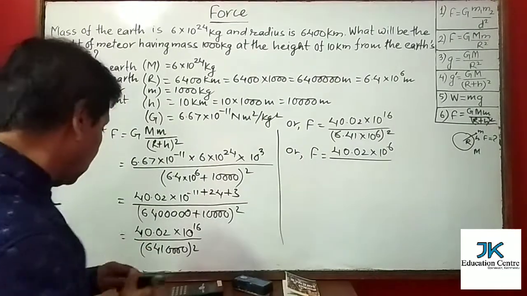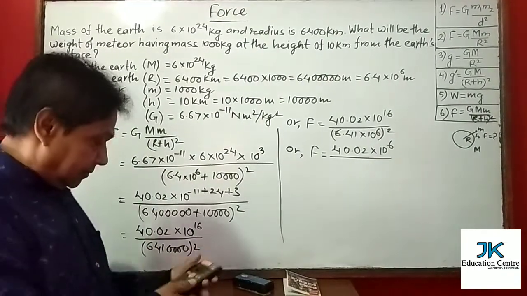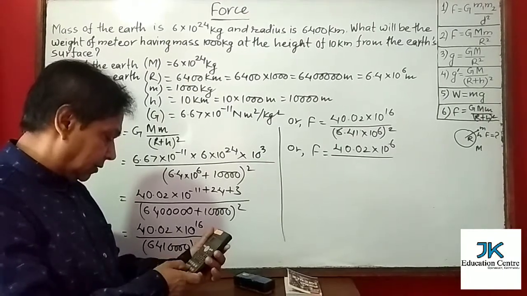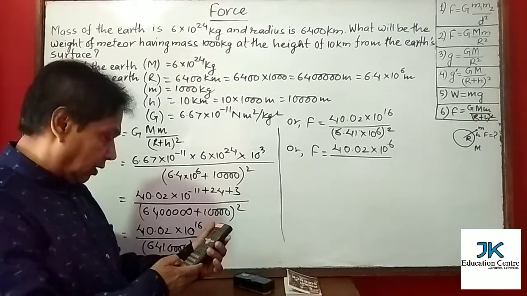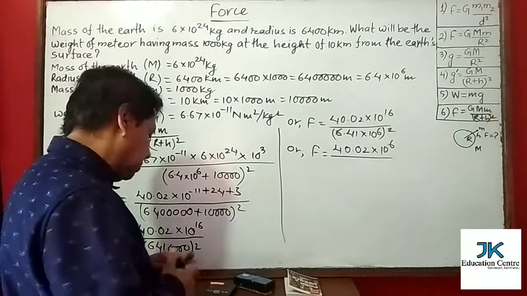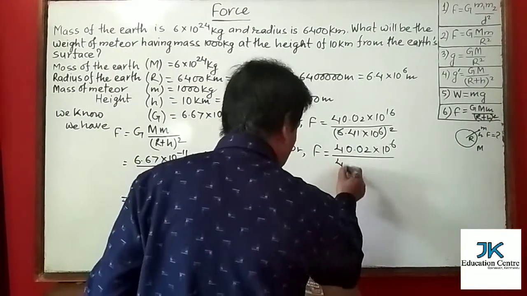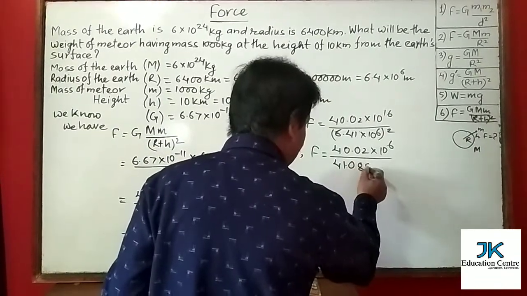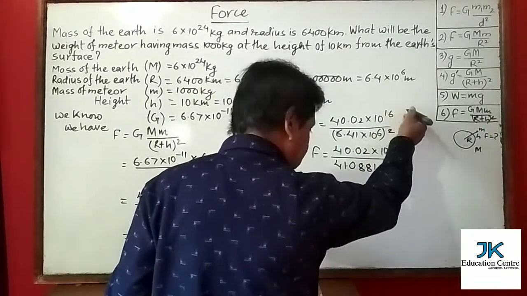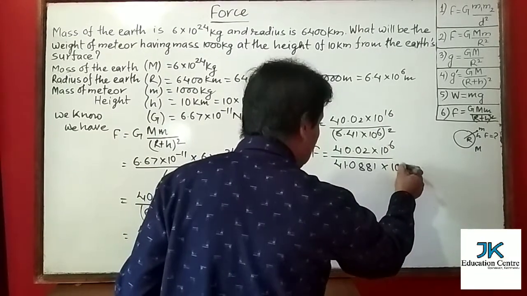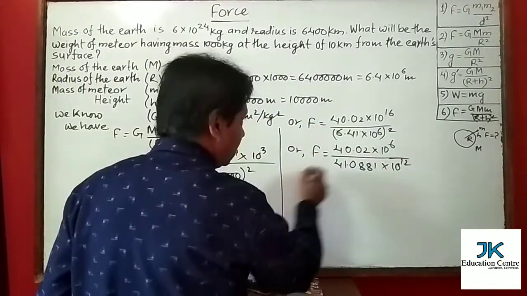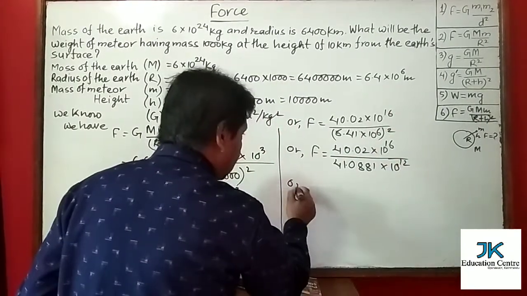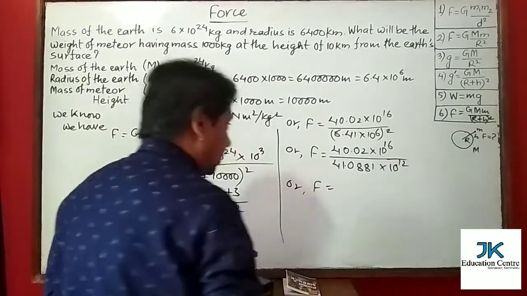Now 6.41 squared is 41.0881, into 10 to the power 6 squared, meaning 10 to the power 12. Here it is 16, not 6.